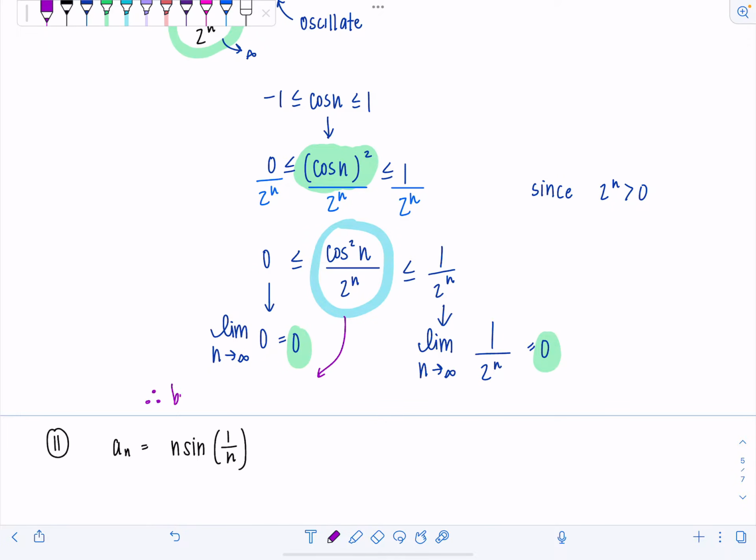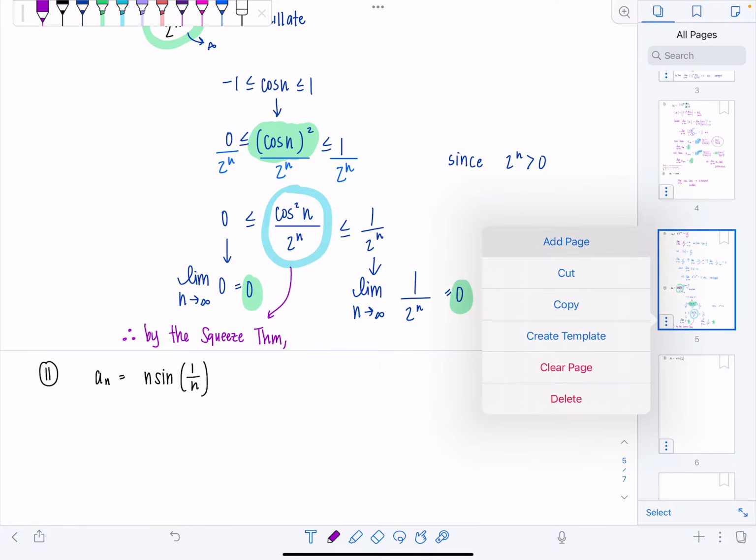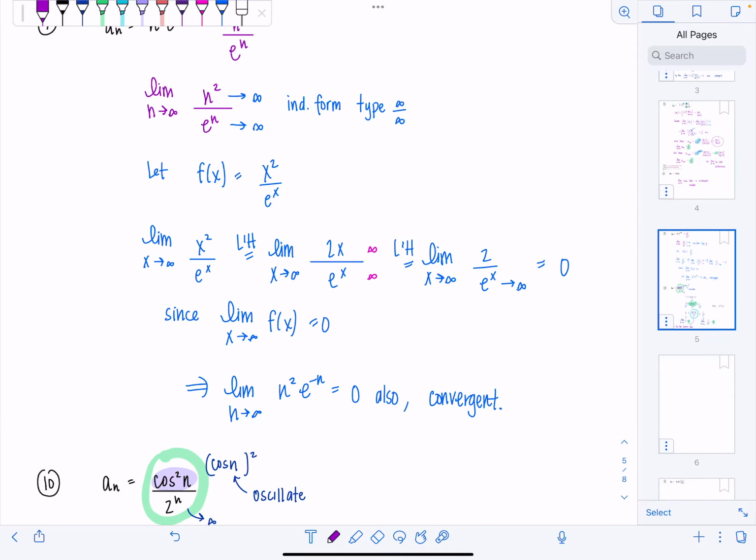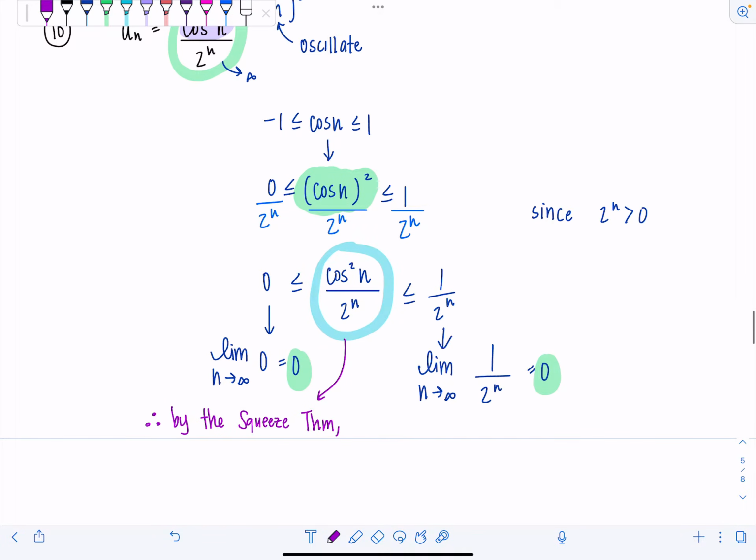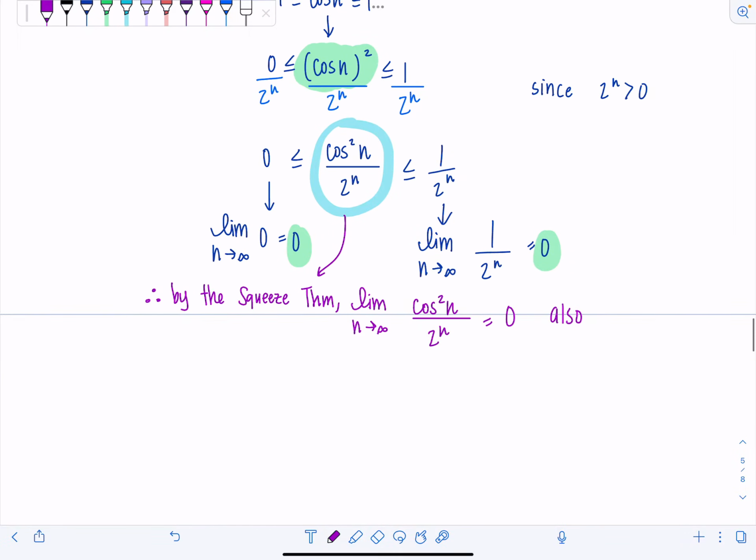Therefore, by the squeeze theorem, let me actually add a page. By the squeeze theorem, the limit as n approaches infinity of cosine squared n over 2 to the n equals 0 also, and therefore it's a convergent sequence.